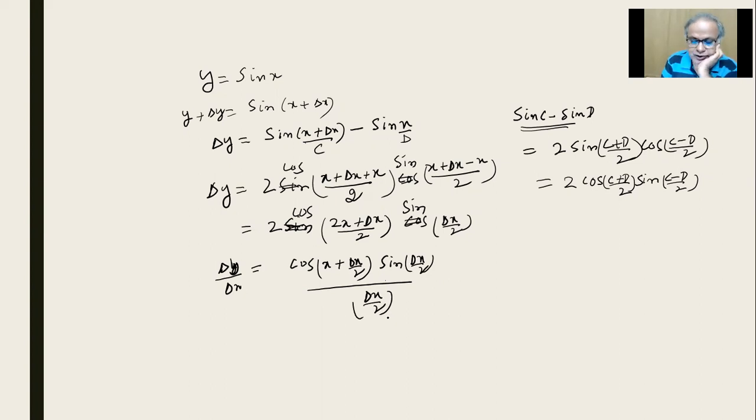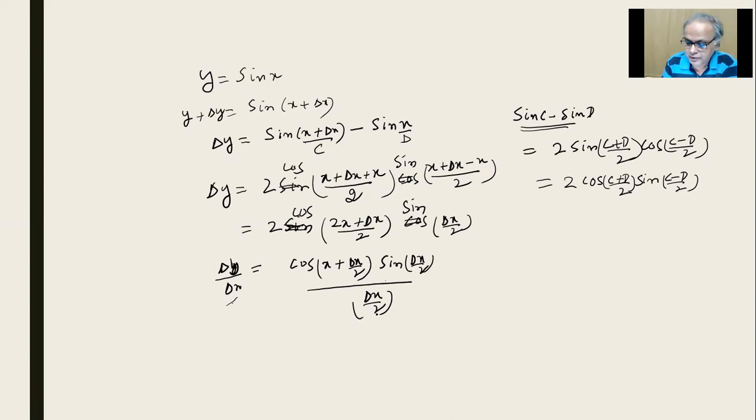I'll tell you the reason for it. See the logic which I am following here. Hope you understood what I did. Did you? 2x by 2 is x, I wrote delta x by 2, sine of delta x by 2 as it is. Here I divided by delta x, and the 2 I brought down below here.